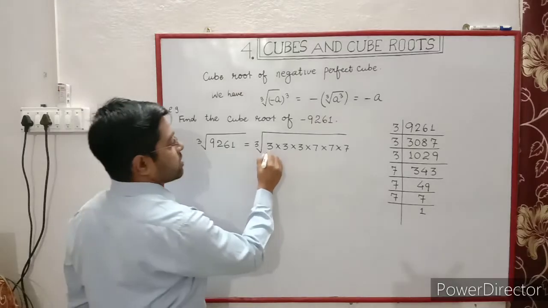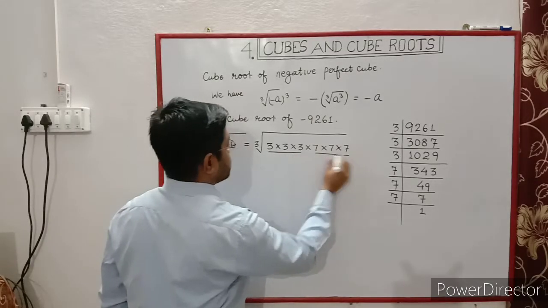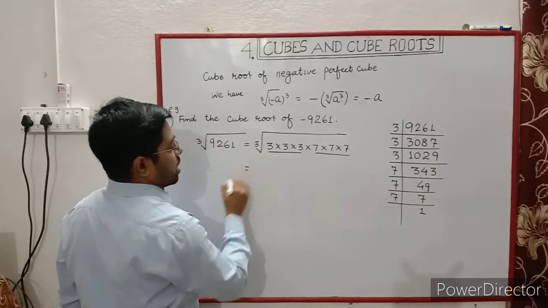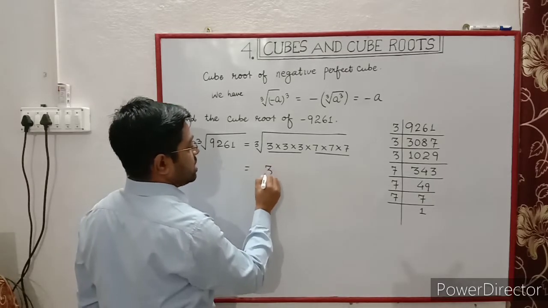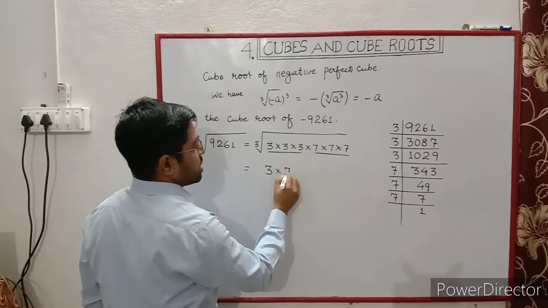Now grouping, first group, second group. Now taking one factor from each group, so we can write here 3 into 7.